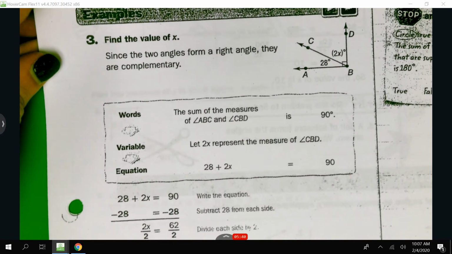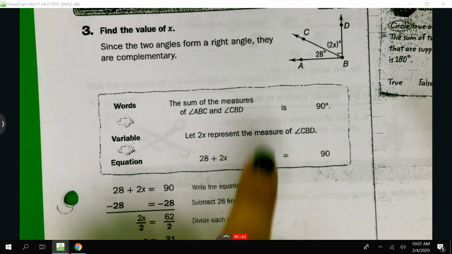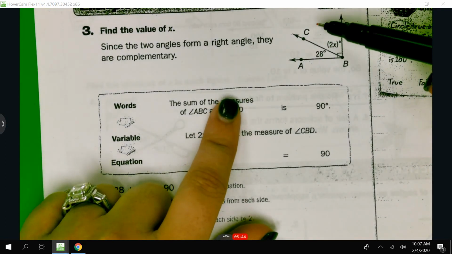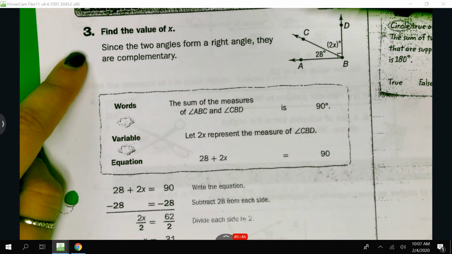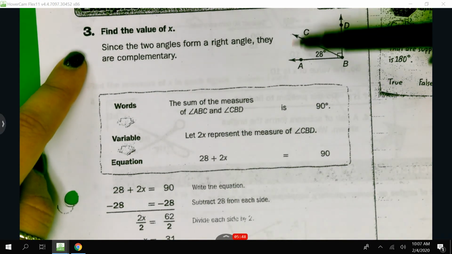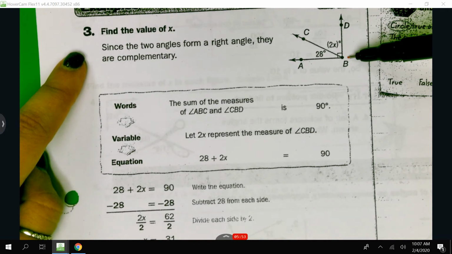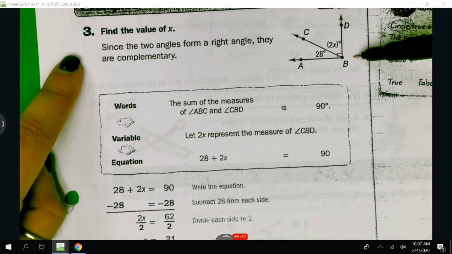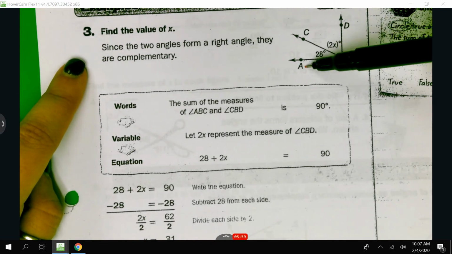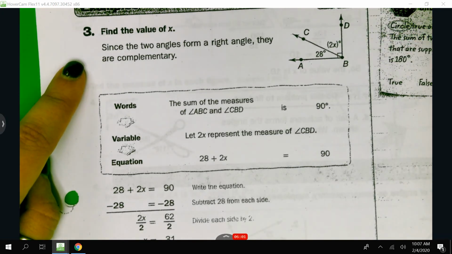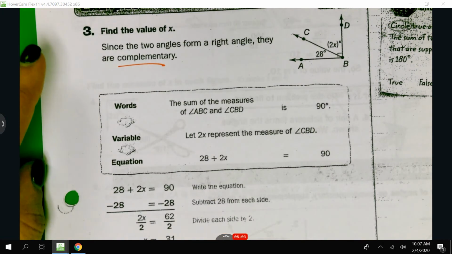Okay, number 3, it says find the value of x. So we're looking at this picture over here. Since the two angles form a right angle, how do I know that this is a right angle? The square in the corner. That tells me that it's a right angle, okay? Because it's two angles together that make a right angle, that tells me that they're complementary because they add up to 90 degrees.